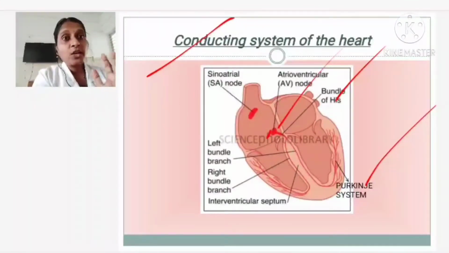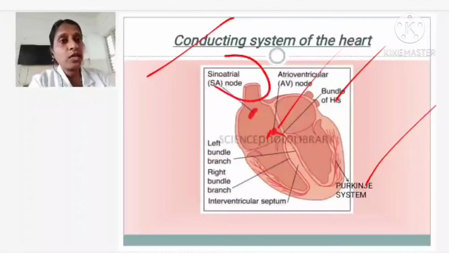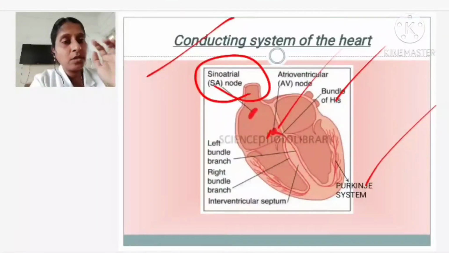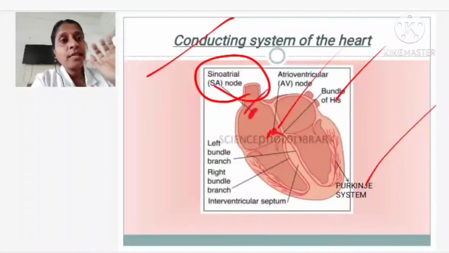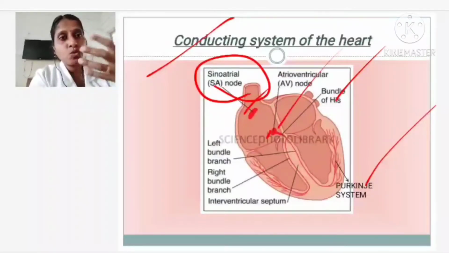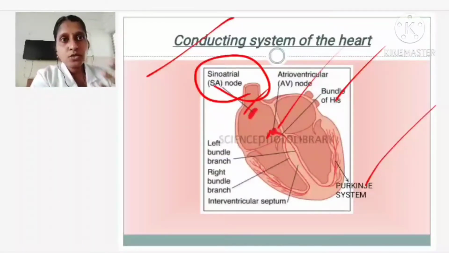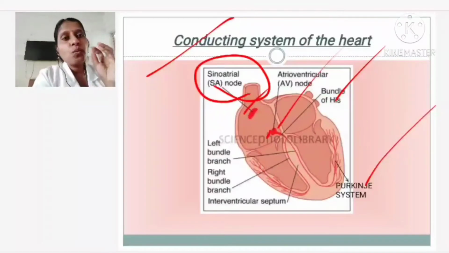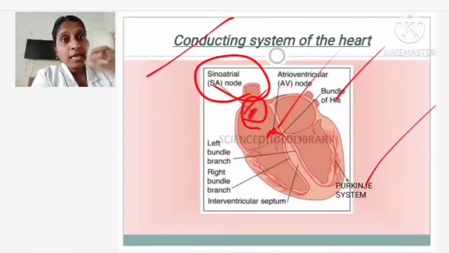The sinoatrial node, present on the top right hand corner of the right atrium, is the region where the heartbeat starts, means some sort of excitation, some sort of charge flows, which acts as a stimulus for the contraction of the auricles. So when the sinoatrial node gets excited, it generates an impulse.